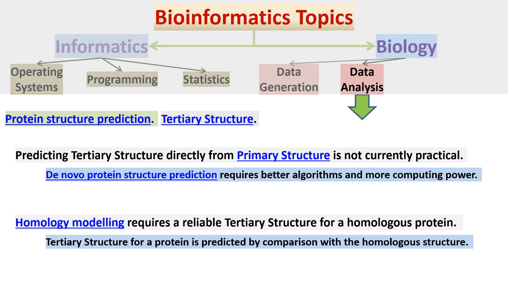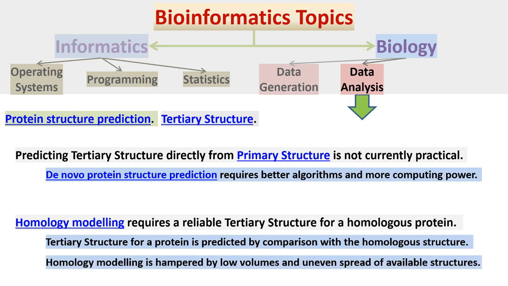The number of available experimentally determined protein structures grows at a much slower rate than the volume of available sequence data. Also, some proteins are less amenable to experimental structure determination than others, so the variety of available structures is not uniform. But never fear, things can only get better.